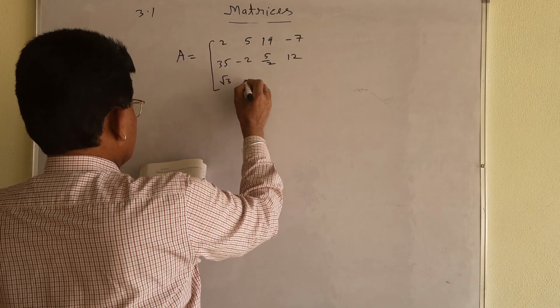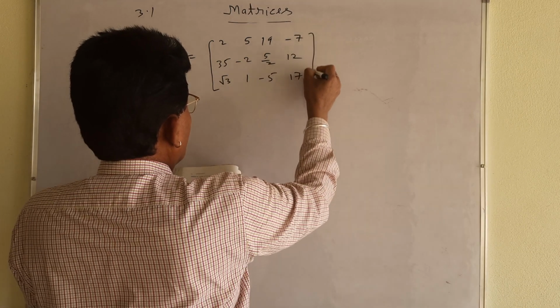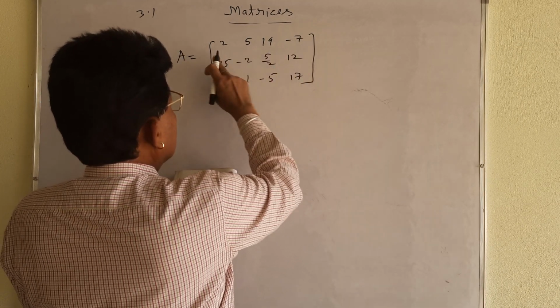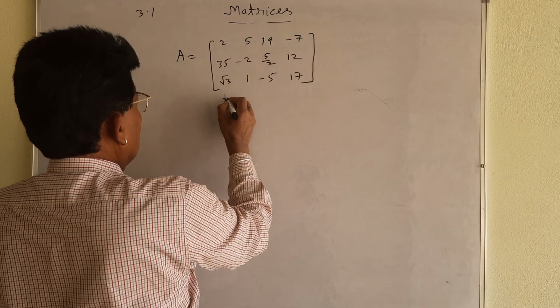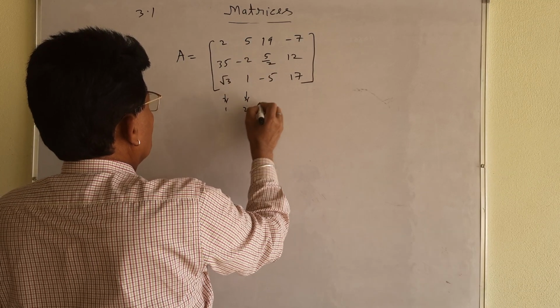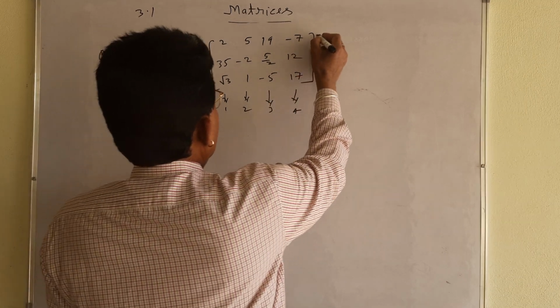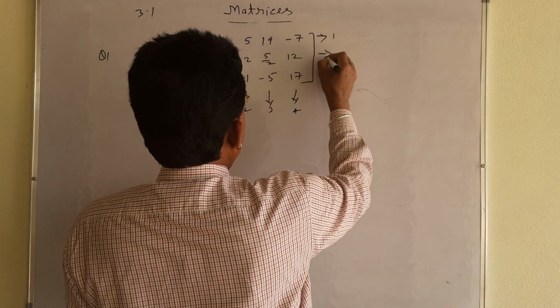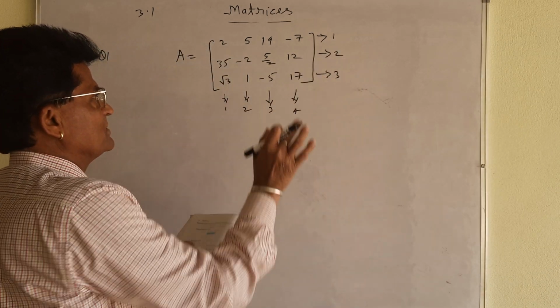Another row: 3, 1, minus 5 and 17. There are 3 rows, 1, 2, 3, and 4 columns, 1, 2, 3 and 4. So 3 rows are there and 4 columns are there.